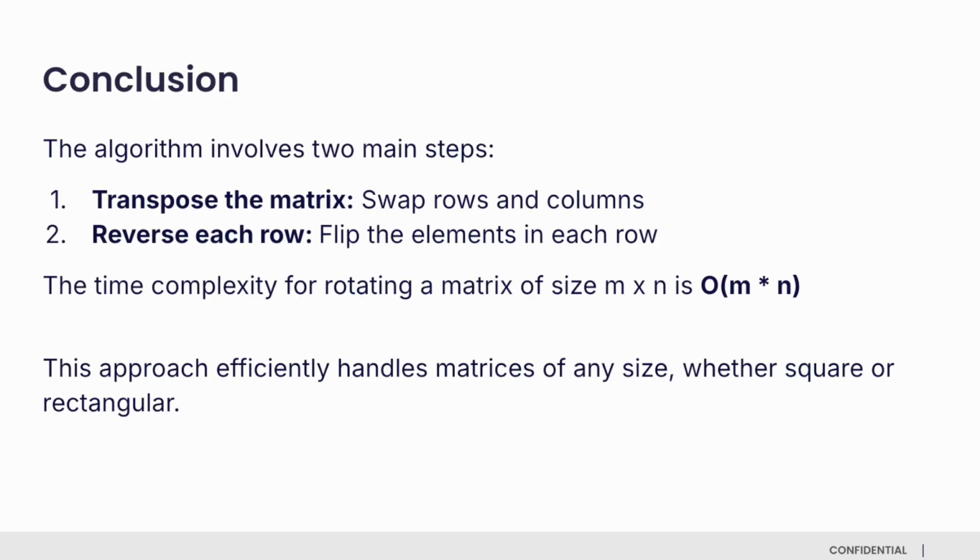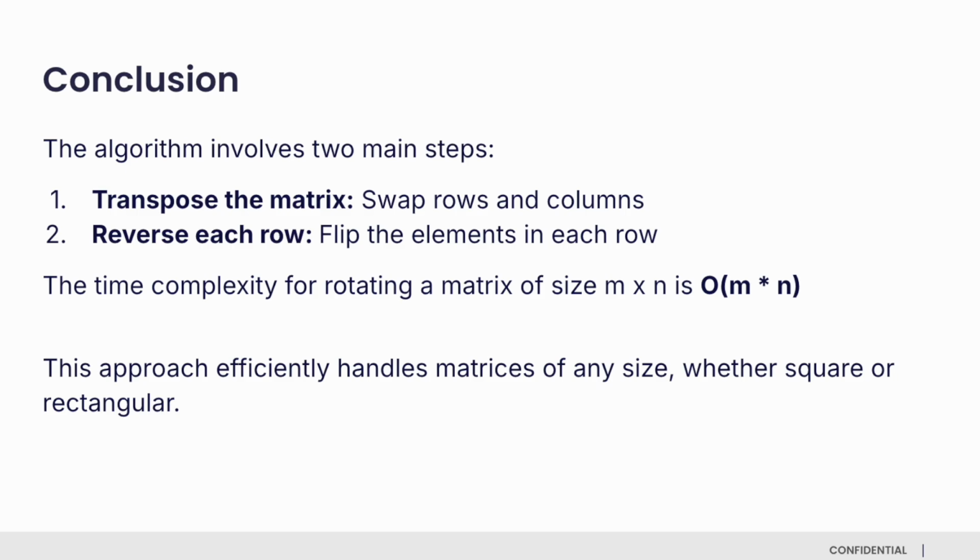So today we walked through how to rotate a matrix by 90 degrees clockwise using two key steps: transposing the matrix, which is swapping rows and columns, and then reversing each row. Once everything's transposed, we reverse the elements in the row to complete the rotation.